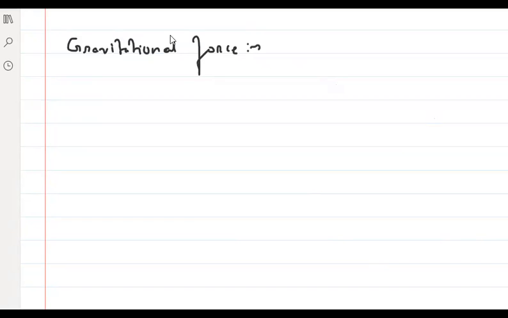The observation that he made was that the force due to gravity is directly proportional to the product of masses. Because when you talk about forces, it will always be between two objects. Can you say that an object m1 is experiencing a force if there's nothing else?